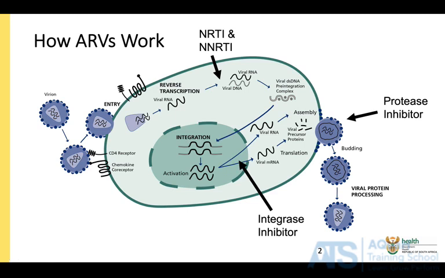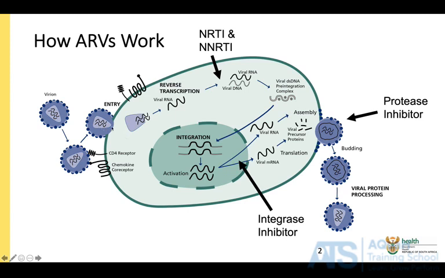As soon as attachment has happened, this would be followed by fusion, where the cell membrane of the virus and the membrane of our cell fuse, allowing direct communication between the 2 cytoplasm, right?